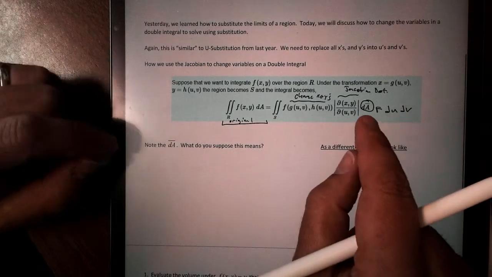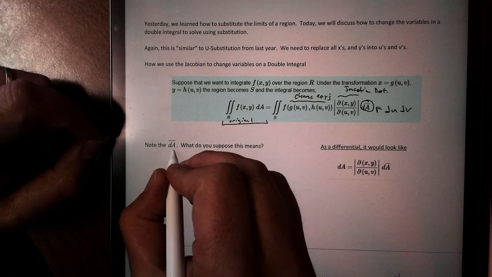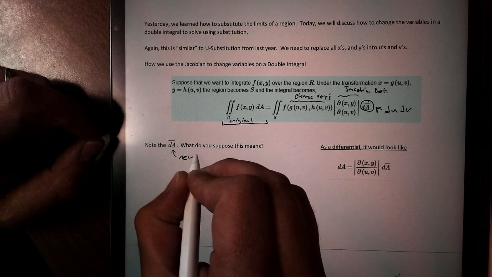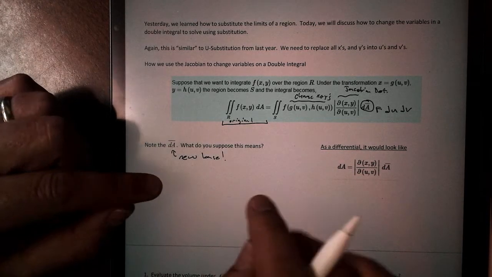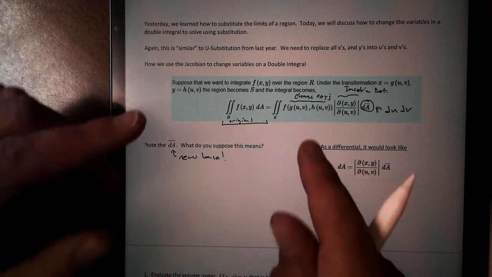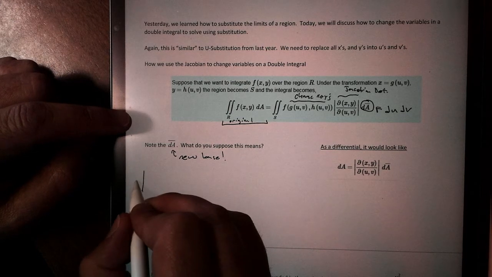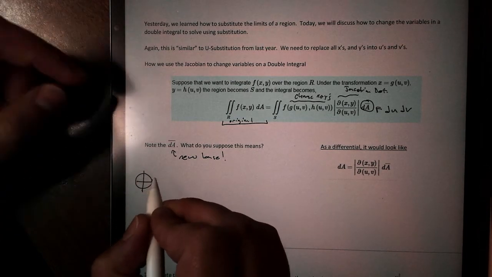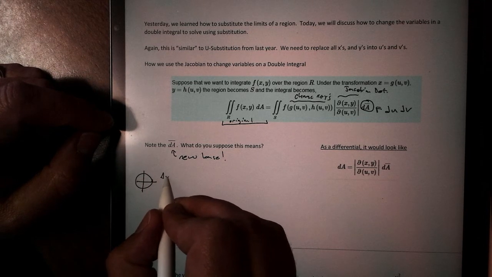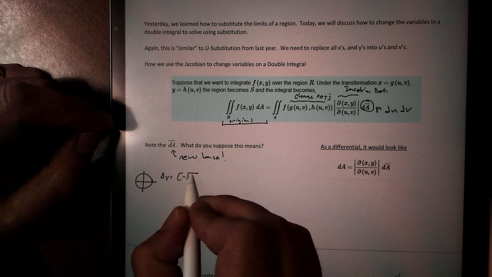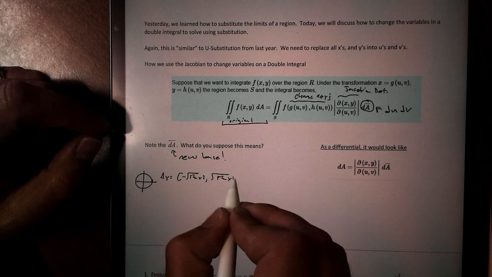Now, let's take a closer look at this dA hat. What do we suppose this means? The hat simply means that this is our new base. It's not the same base. We saw yesterday when we did the Jacobian, we actually changed the base. When we did transformations like spherical or cylindrical, with a circle, I can write my base as y from negative square root of r squared minus x squared to positive square root of r squared minus x squared.